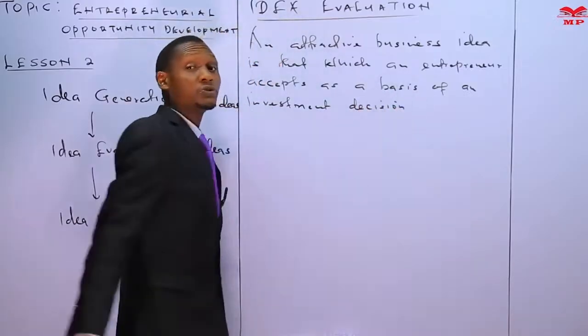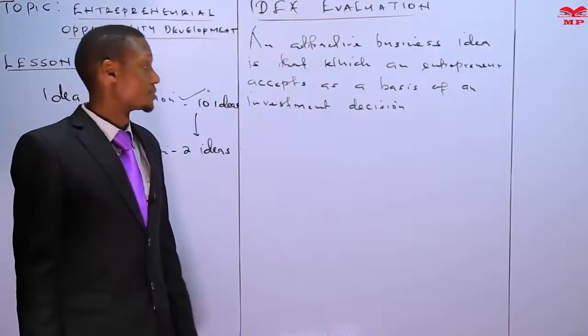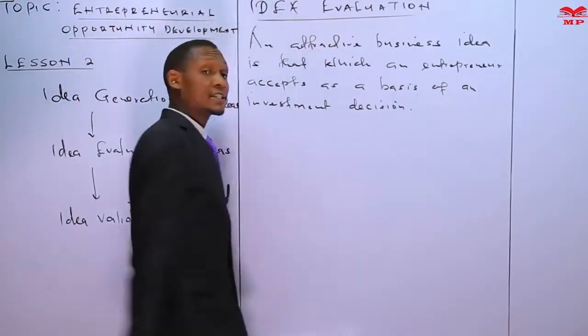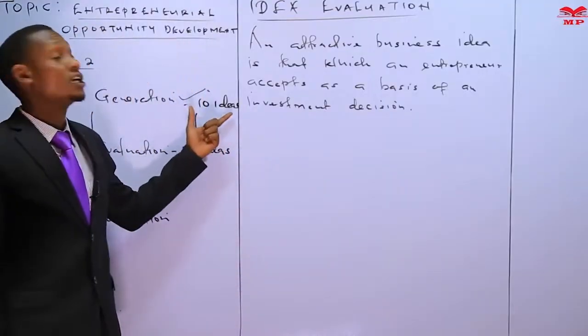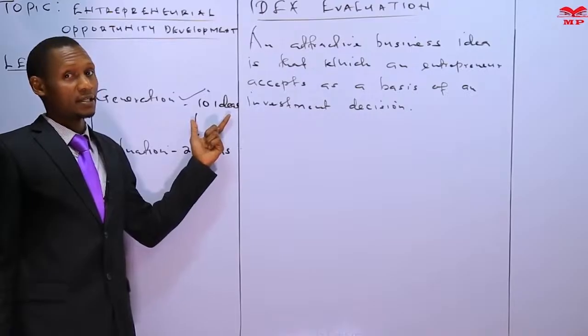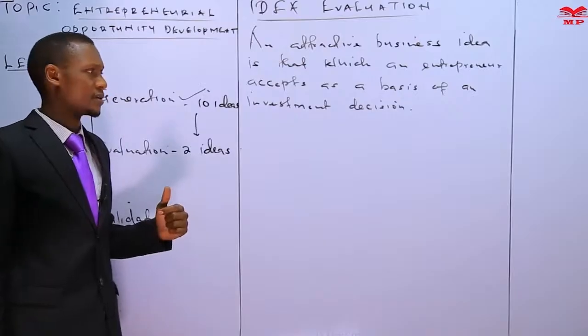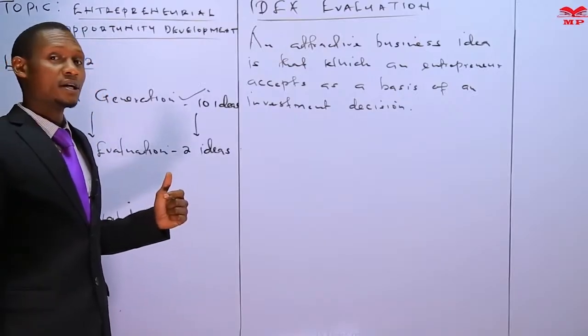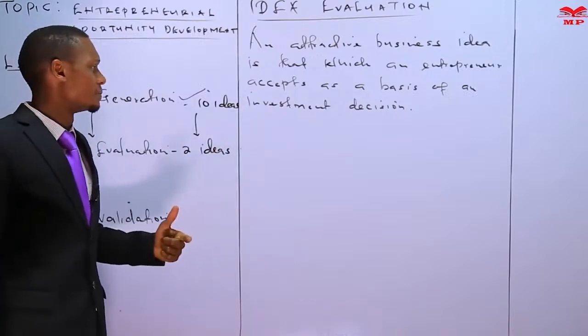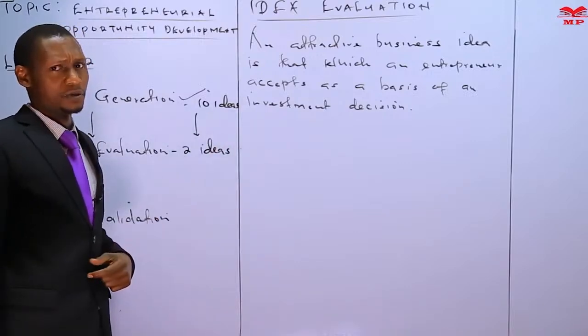You do not want to invest your money, your time and resources in an idea that is going to fail. Chances are out of these 10 ideas, not all of them can the entrepreneur implement and run successfully. Some other people, because of some competencies they possess, may be able to implement them.